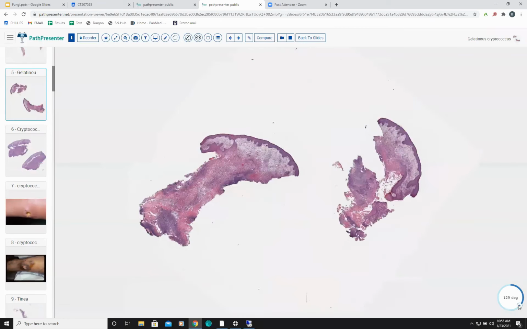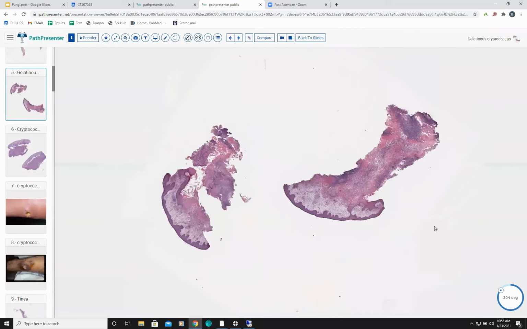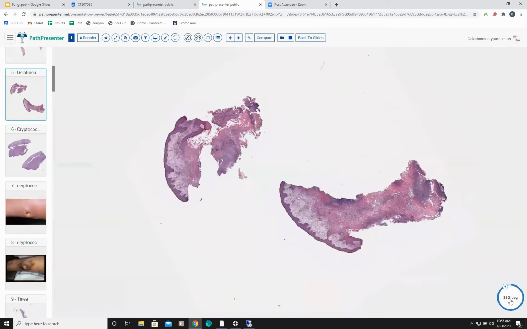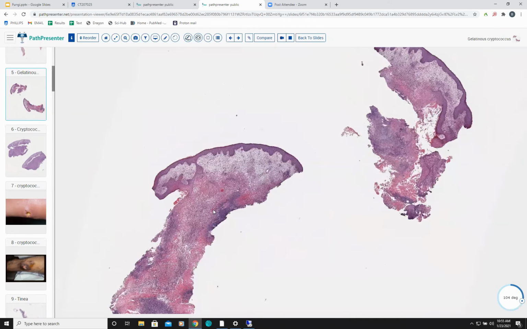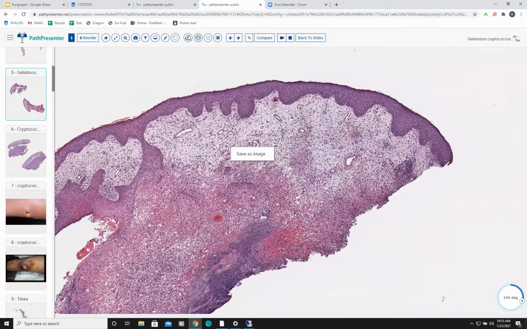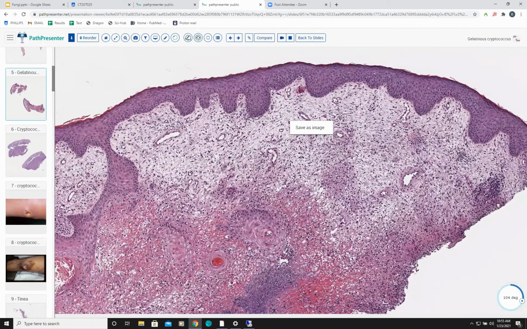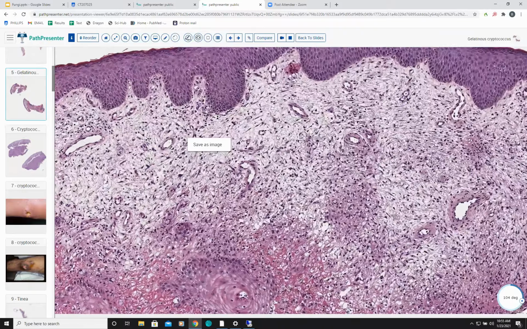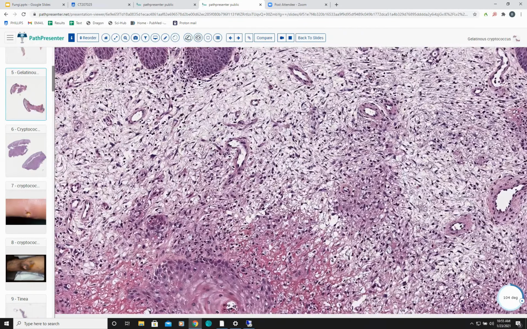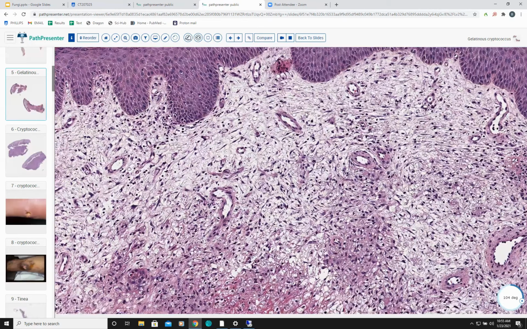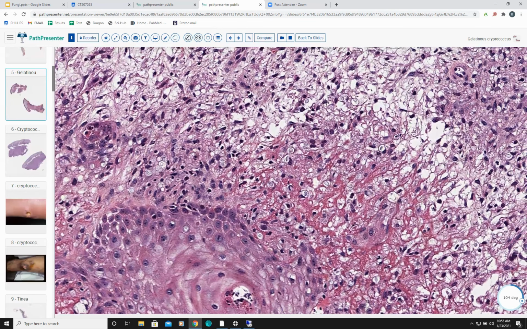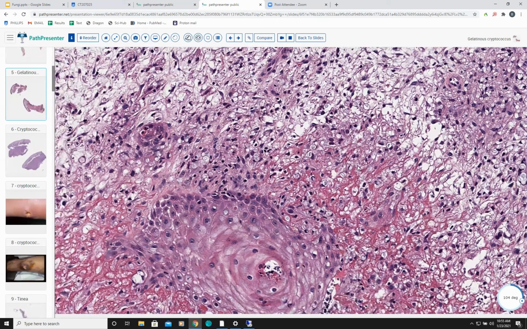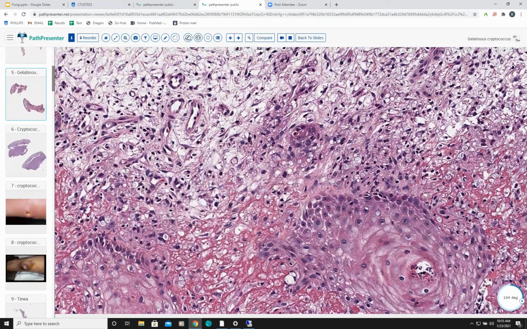Here is another case of Cryptococcus. And here you can see relatively normal epidermis, a lot of edema, some vascular dilatation, neutrophils, and here you can see the organisms, again with the gelatinous capsule, which would stain with mucicarmine or alcian blue.